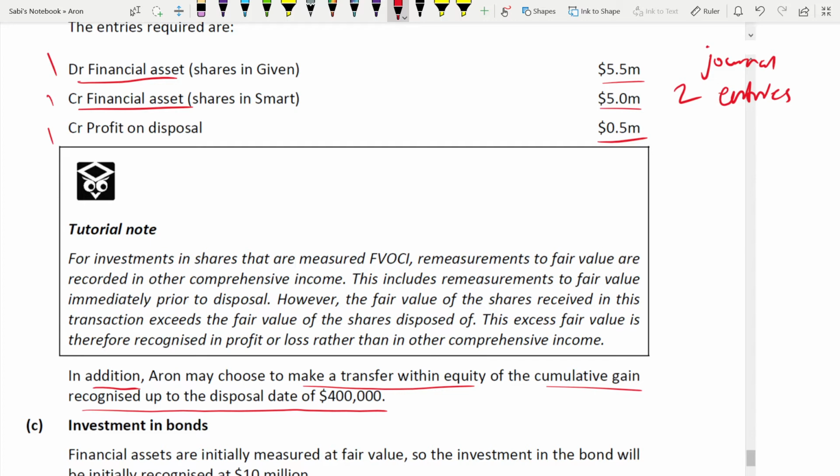On the disposal date it was in other comprehensive income till then, but now you might change it to equity. It might no longer stay in other comprehensive income, you might transfer it within equity. So you can choose to make this transfer.